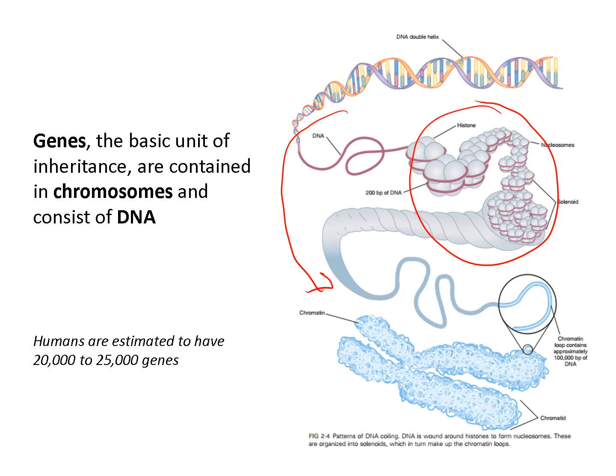The next slide will show you that. So if you ask how many genes humans have, the number you will see is about 20 to 25,000 genes, which is kind of small for 3 billion base pairs.